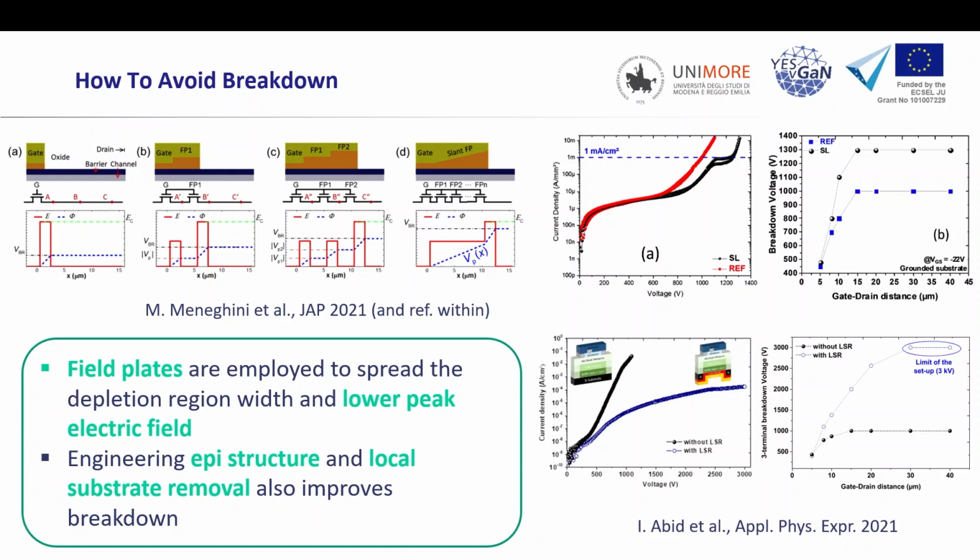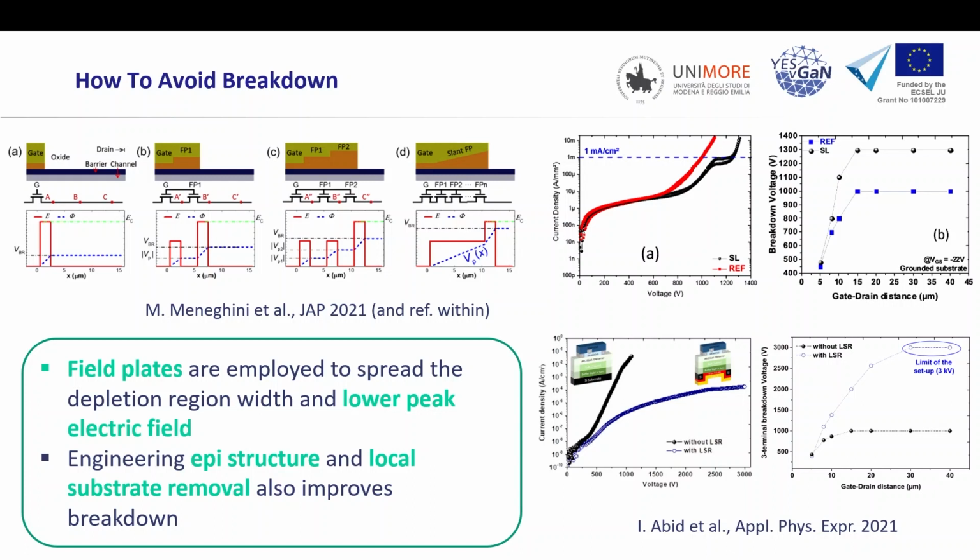So you can have field plates that are effectively increasing the pinch-off voltage here. So the electric field at the edge of the gate, which again is where the field will be mostly concentrated, can be spread out, so you can increase your breakdown effectively, and you can extend the concept to have multiple field plates.